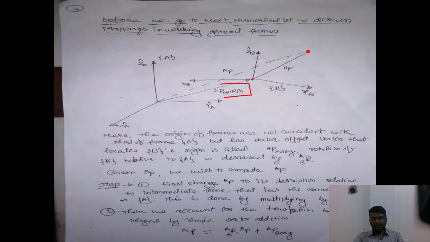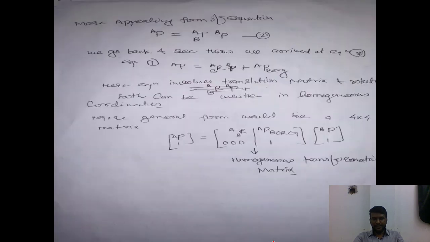If you multiply PB with the rotation matrix, we will get the position of point P in the A frame. The rotation is mapped with the help of the rotation matrix, while this is just added to get the translation. So there are two things here: one is the multiplication with the rotation matrix, and the other is adding the translation.